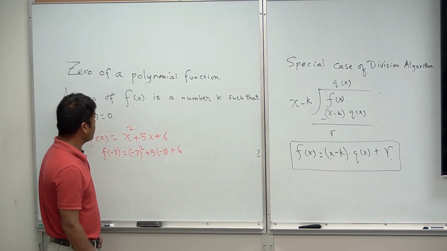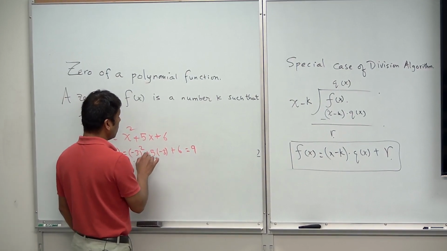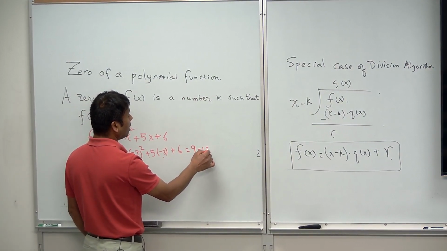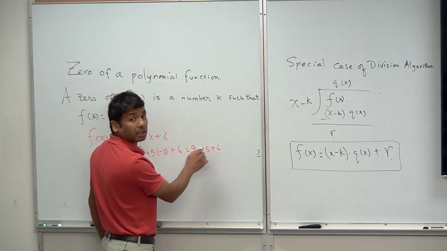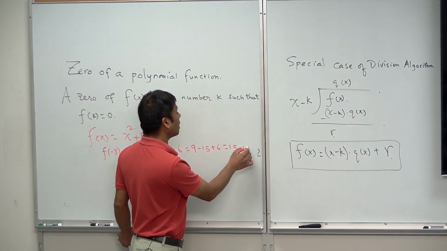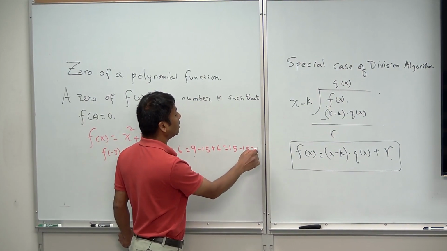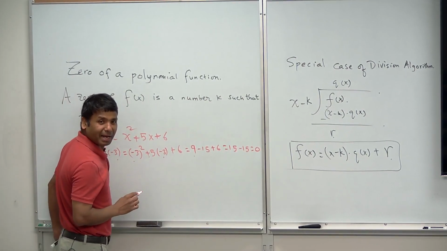Right? So now this is going to be, what is this? This is 9. What is 5 times negative 3? Negative 15 plus 6. Is that right? So what is 9 plus 6? 15 minus 15, that will give you what? 0. You see that? So f of negative 3 equals 0, right?